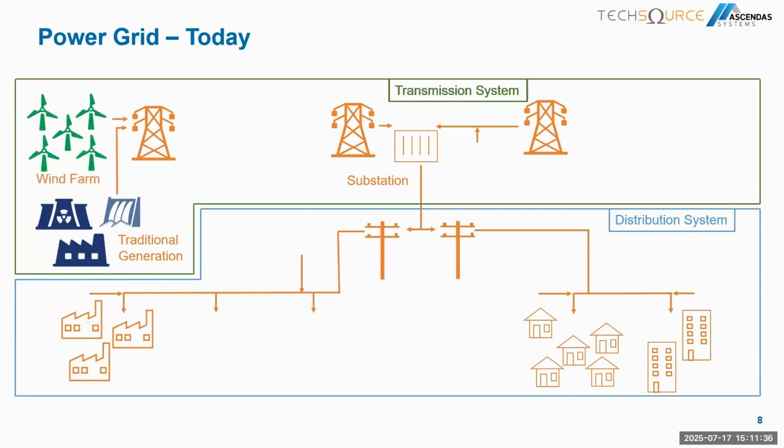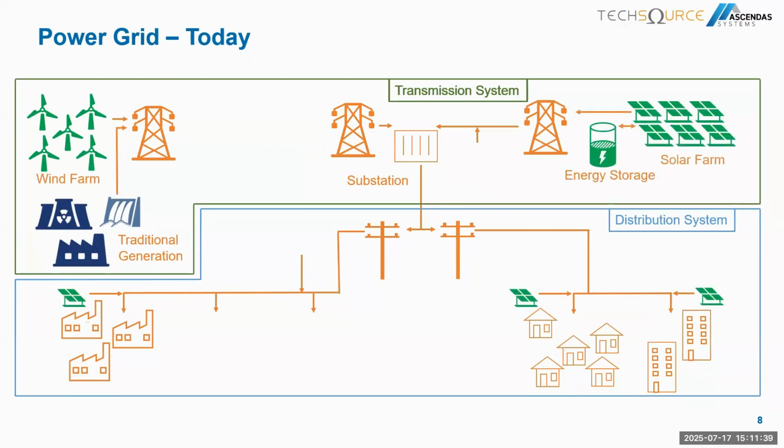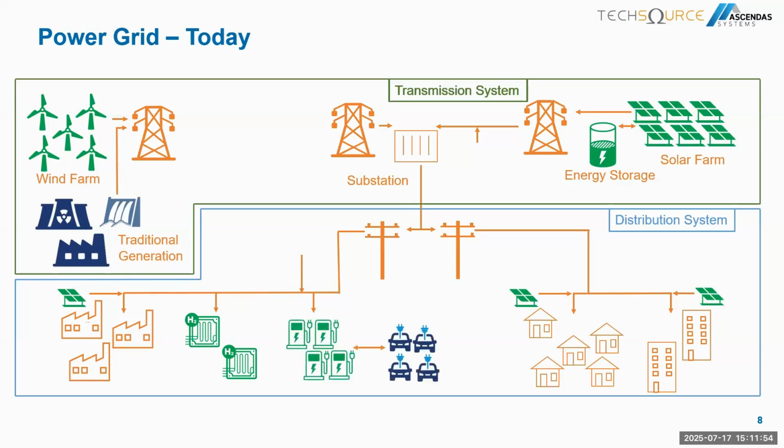For example, wind farms, solar panels, solar farms, and battery storage systems. We also see some hydrogen generation or storage systems, or similar things maybe. There are also EV charging stations that we see every day being put up.